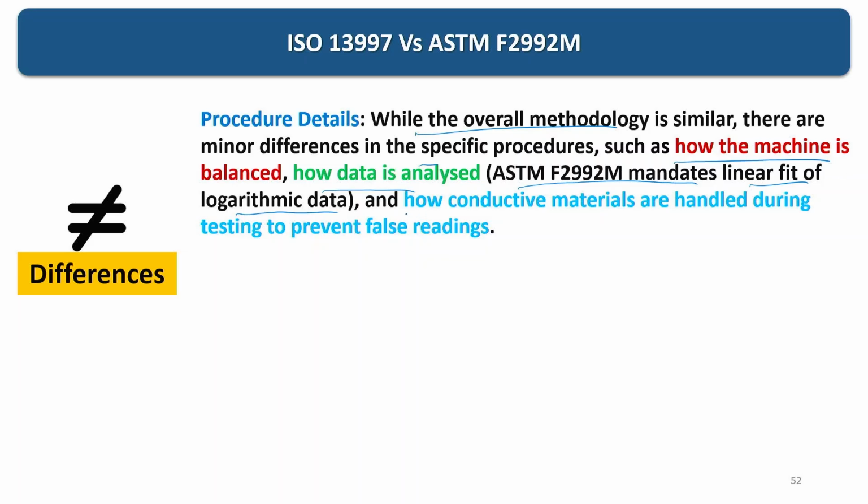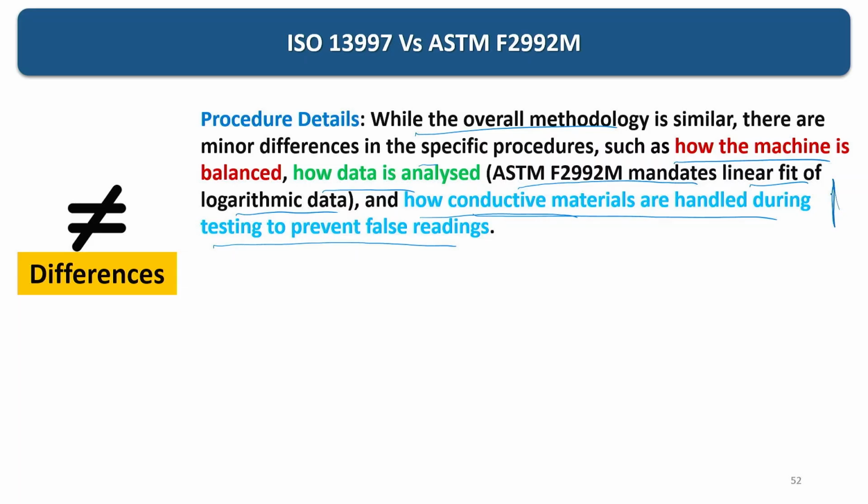And also how conductive materials are handled during testing to prevent false readings. As we have discussed, any conductive material like stainless steel can result in false readings.